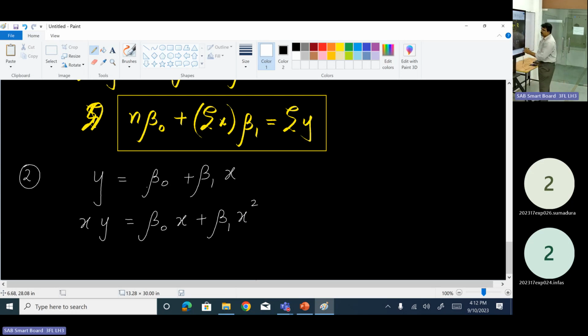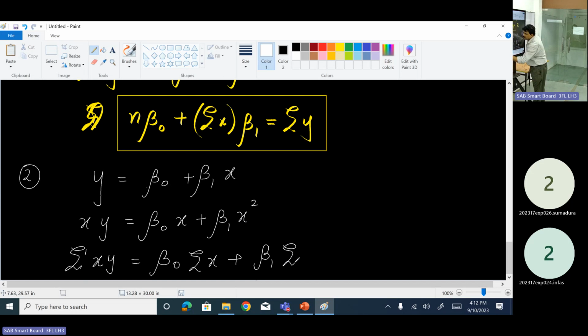So now when we sum it up, we get sigma xy equals beta naught comes out, sigma x, plus beta 1 comes out, sigma x squared. I used to write the sigma this way, that is the normal sigma.